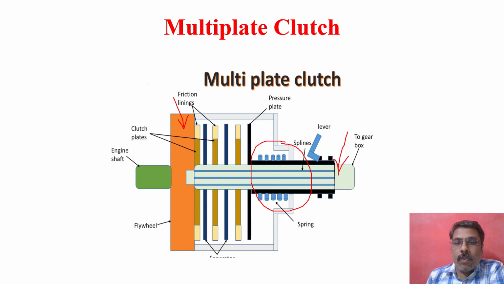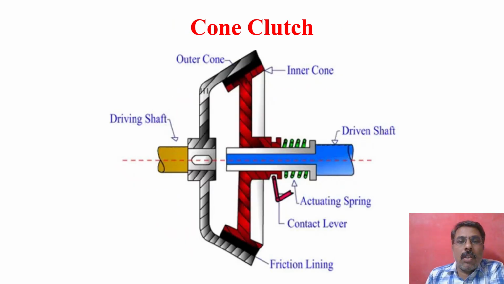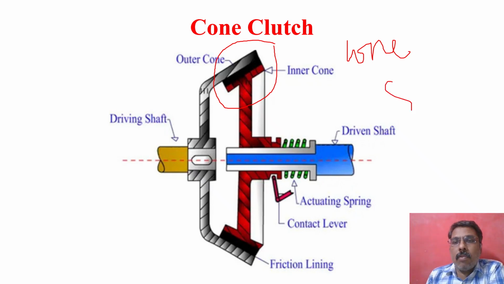Then another form of clutch is the cone clutch. In the cone clutch, the shape of the element used in the clutch is conical, so it is named the cone clutch.